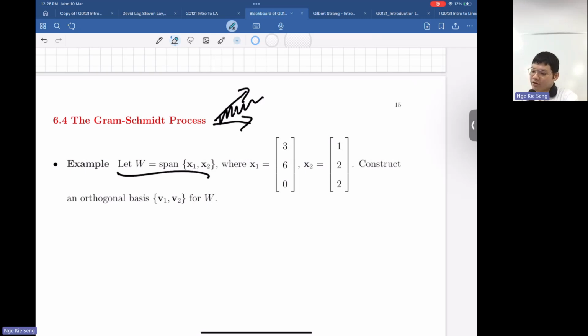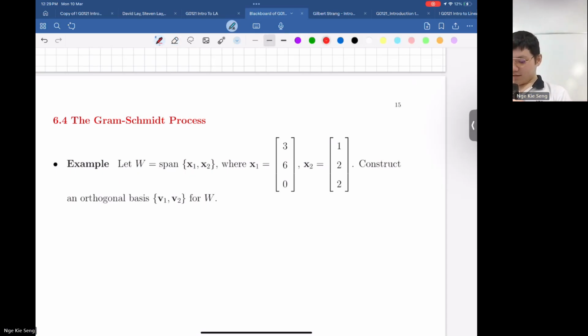Now we're going to construct an orthogonal basis of V1 and V2. Well, these two are perfectly good bases, no? Because they are linearly independent, and then they span. They are bases already. The problem here is, are these two orthogonal or not? What's their dot product?